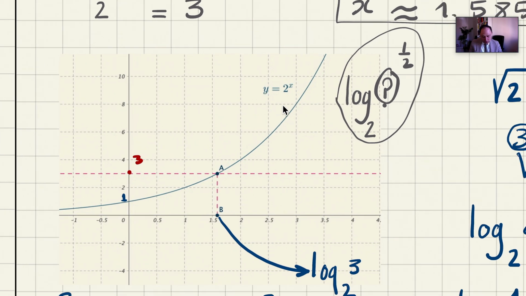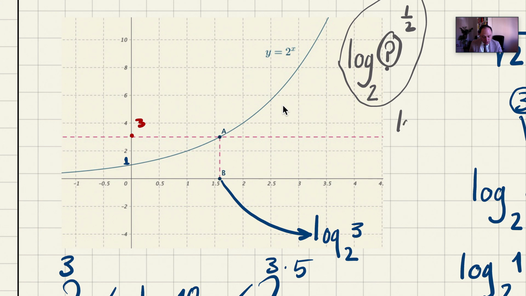Question after question is coming to my mind. What is the log of 1/2 exactly? -1. Yes, it's -1. Why is that?